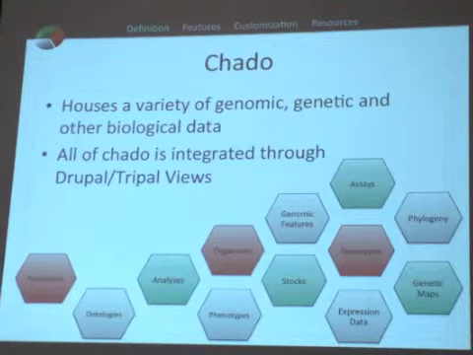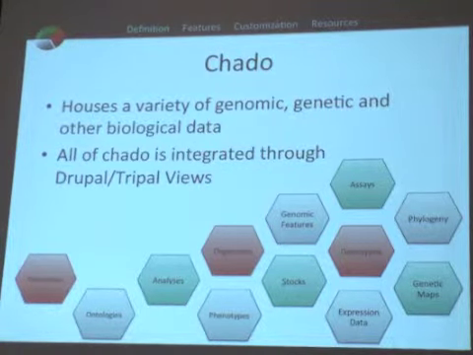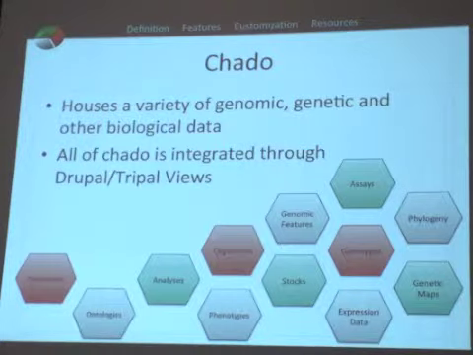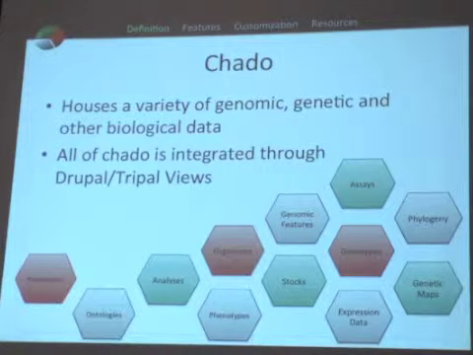For those of you who don't know and love Chado, it houses a variety of different data types. Not all of these have pages in Tripal, but all of it is supported through the Drupal Tripal views. So you can create listings of any data in Chado, including data that isn't normally in Chado.